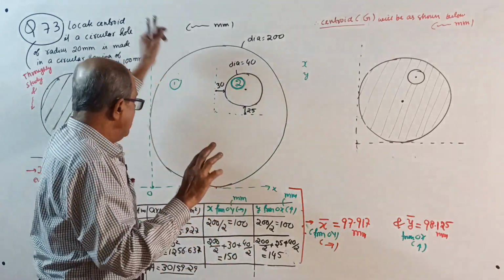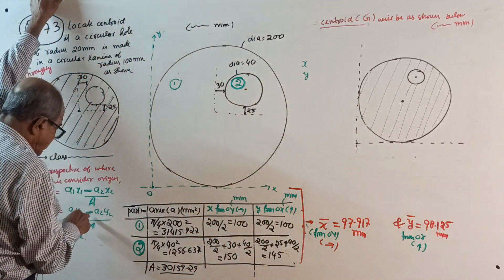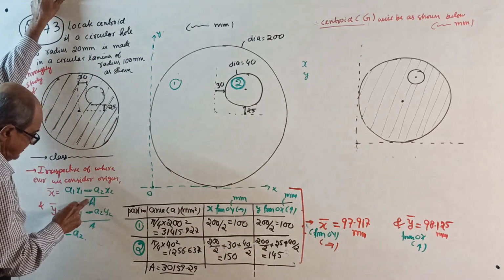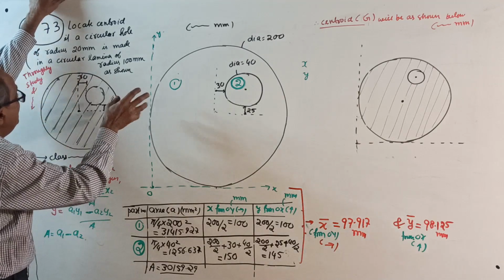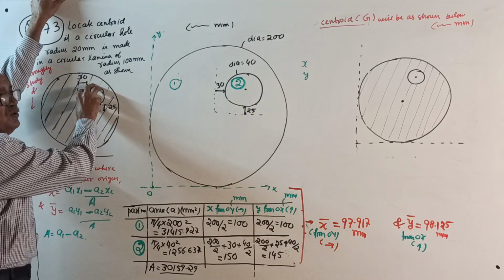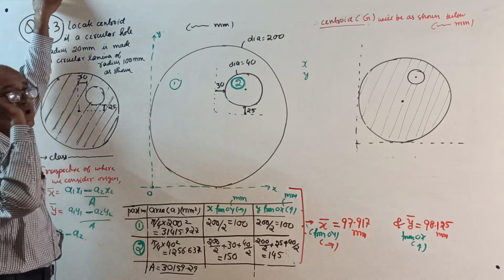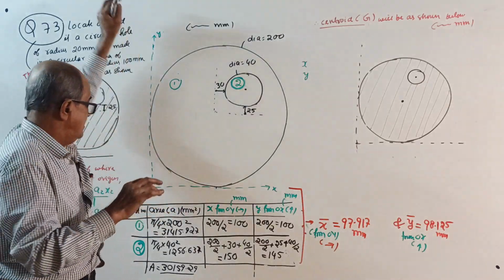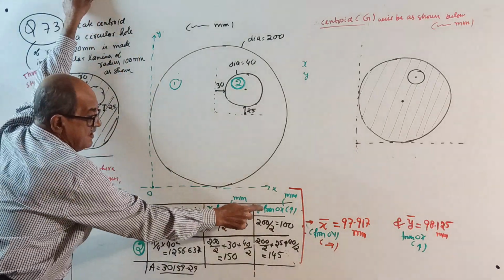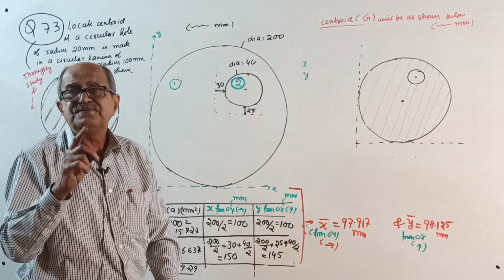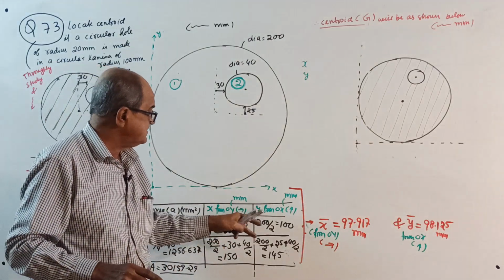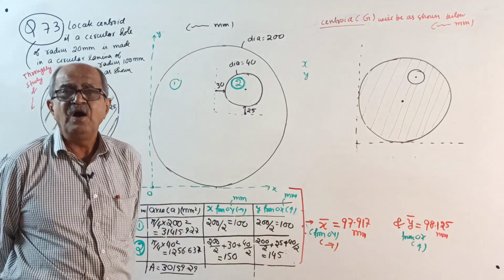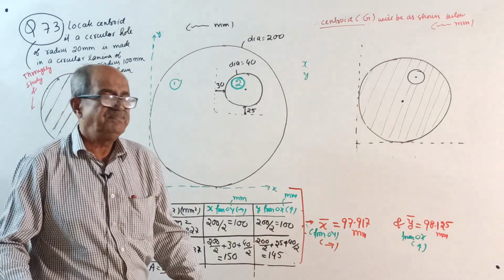So make a note, this negative, make a note now. This negative is to show that this is cutout area. Now no negative for the area. Now no negative, already taken. Now x and y, see, the sign for x and y will not depend on whether it is cutout area or existing area.